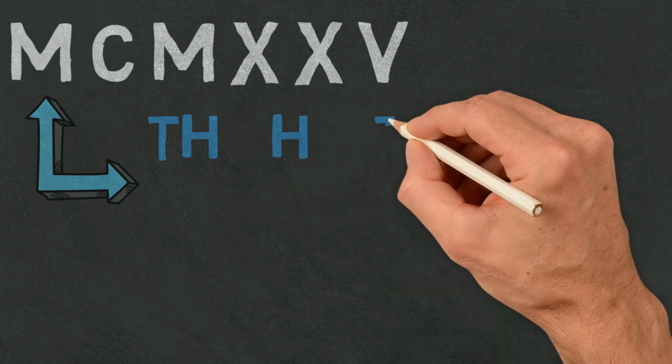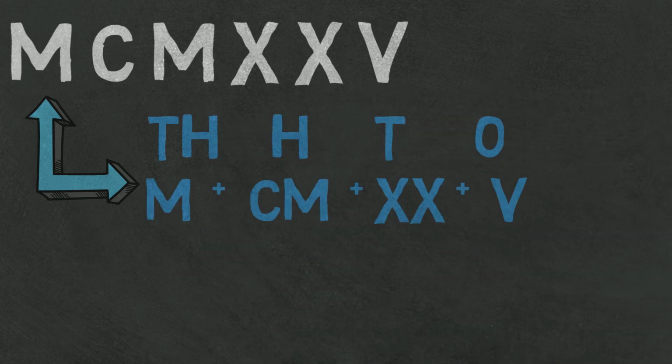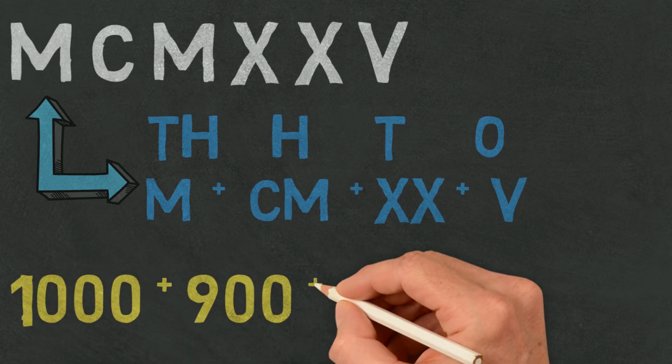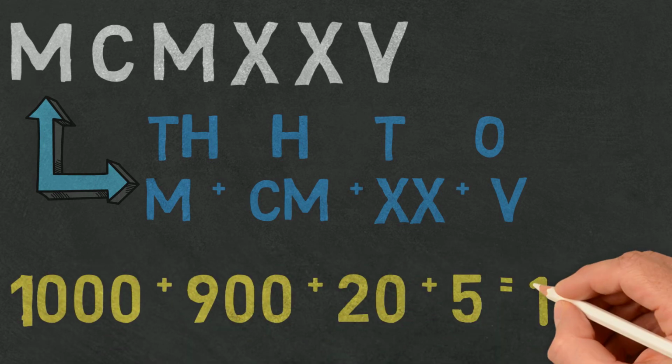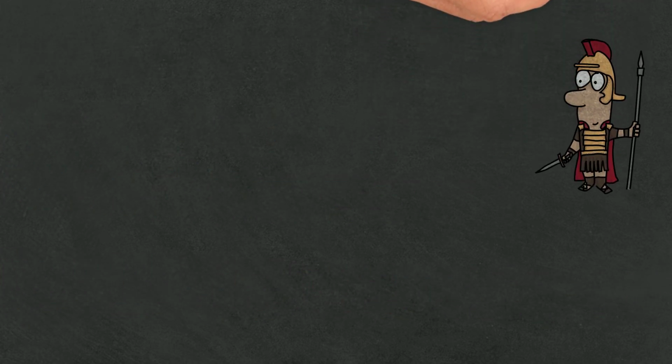So we have in the thousands column the M, and in the hundreds column the CM. In the tens column we've got the 2 X's. Now we can convert them to normal numbers and add them all up. So we've got 1000 plus 900 plus 20 plus 5, giving the answer 1925.